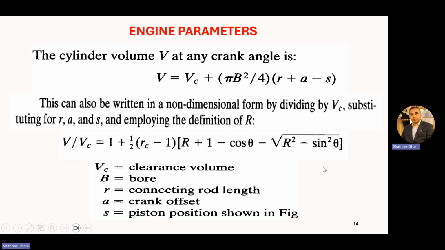Okay, so we can write this volume equation in non-dimensional form like this.